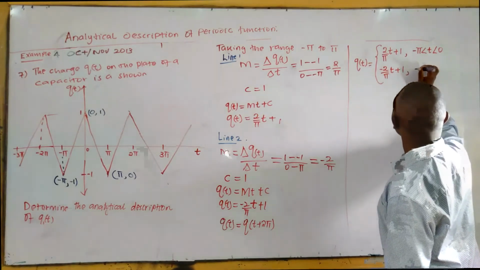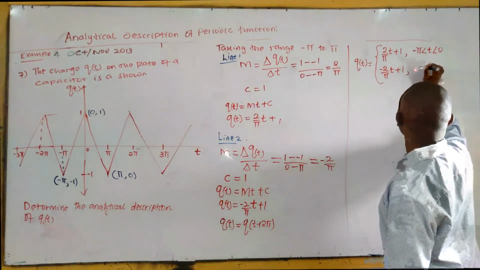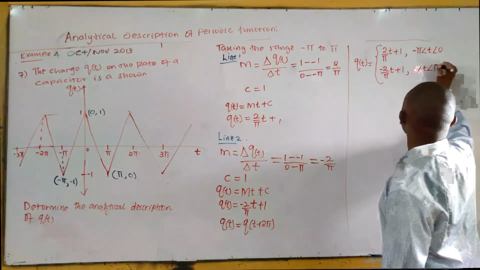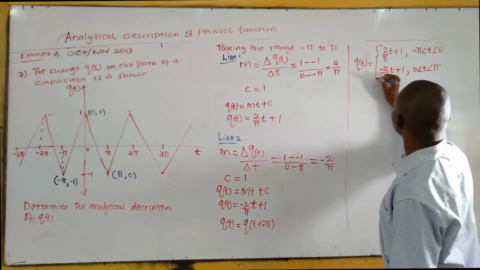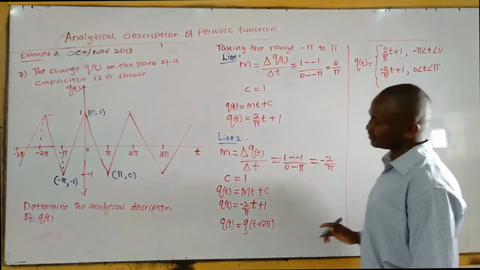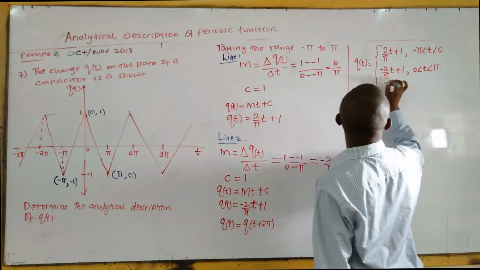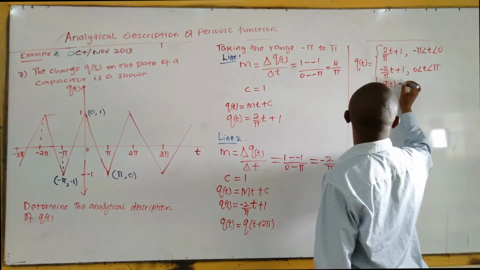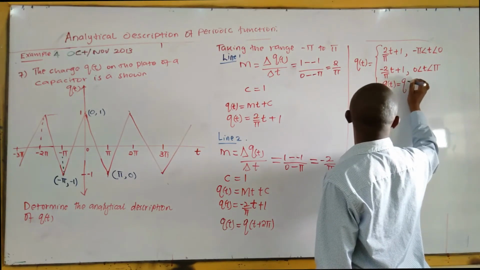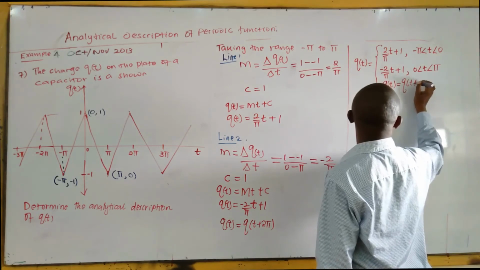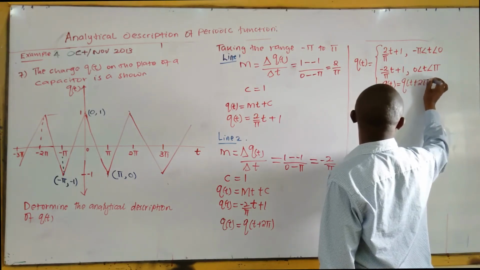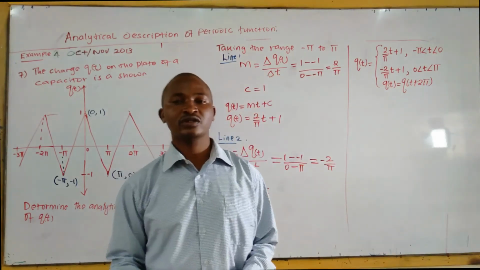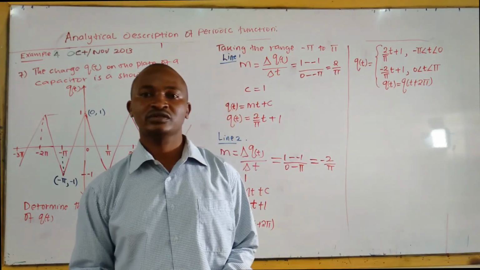That is for time between 0 and pi. Then finally we say Q of t is periodic with 2 pi. So that is the analytical description of that function.